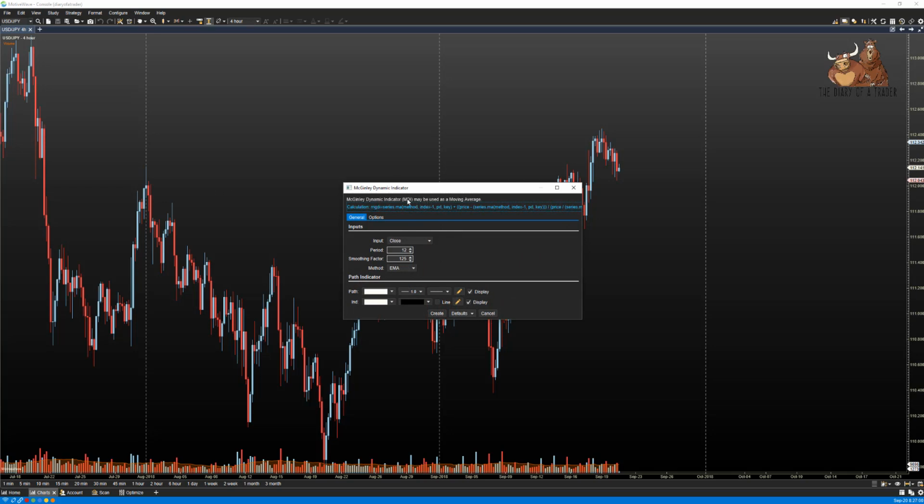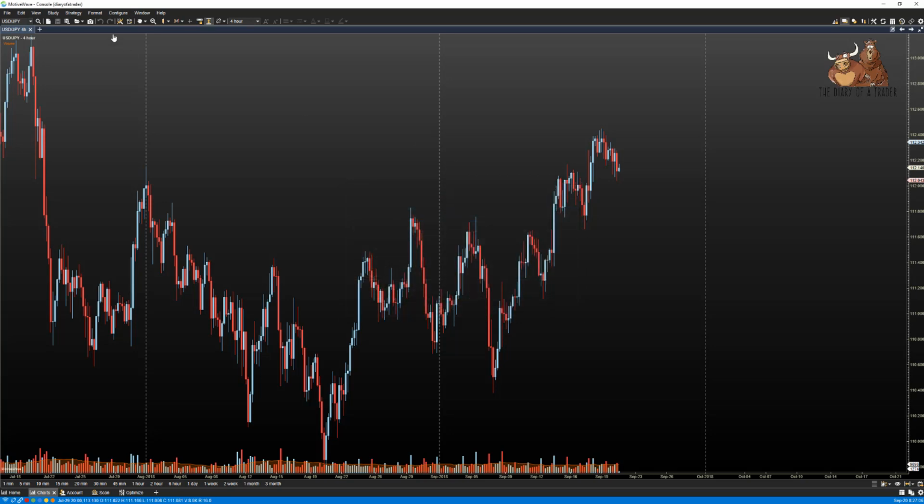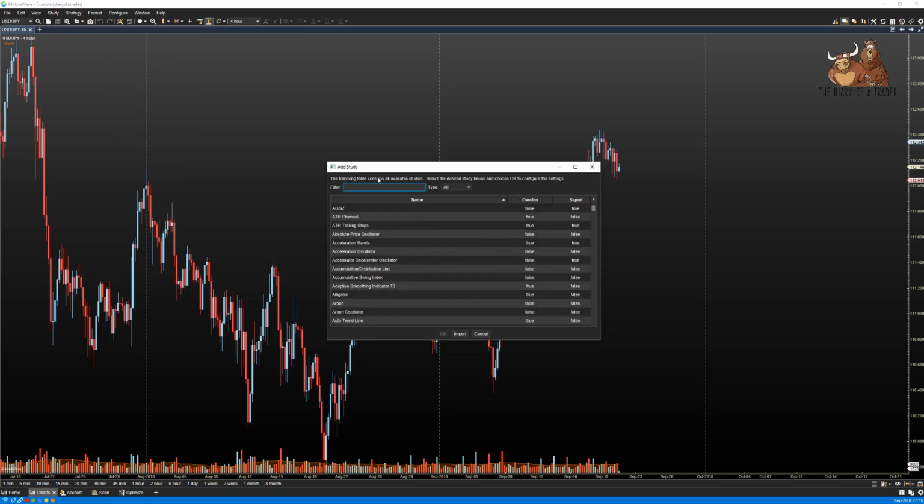But what they do really nicely is they give you what it is and then a calculation. Or if it's more wordy, like I think there's a reversing MACD indicator, which is basically you're putting it onto the price chart as well.